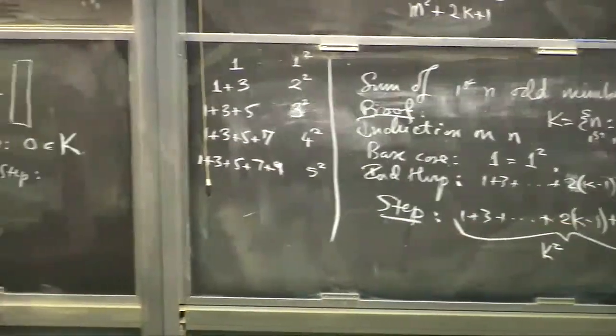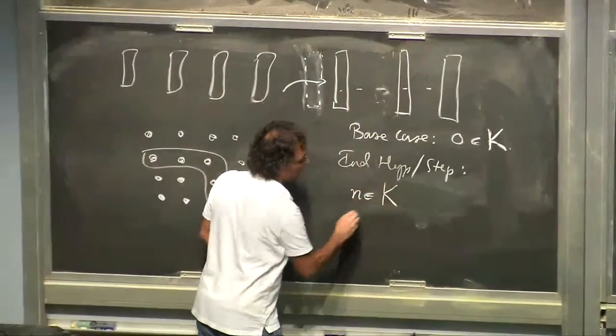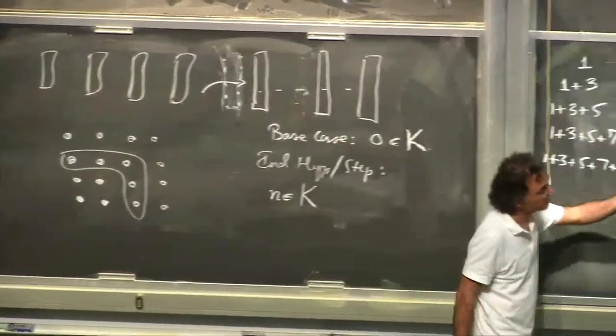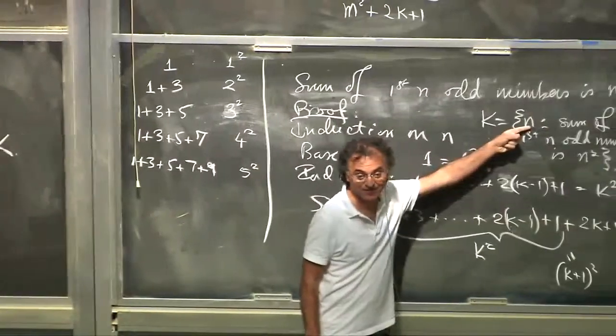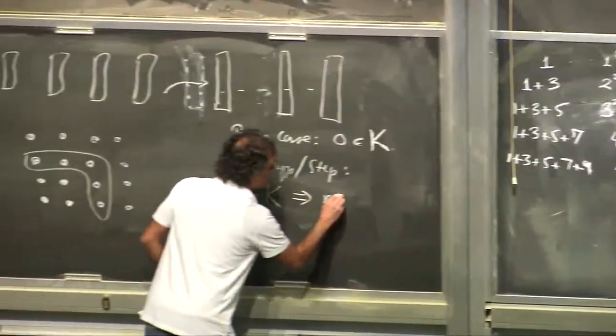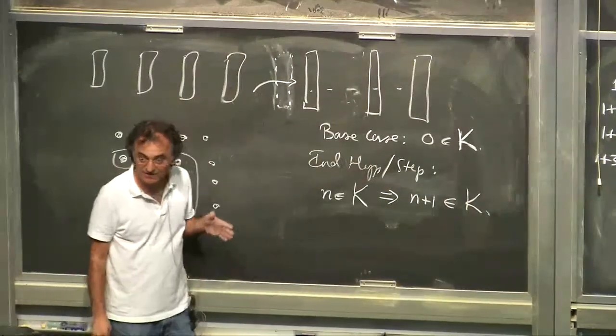So what it's saying is if n belongs to this set K, meaning if the statement holds for a certain value of n, then n plus 1 also belongs to K. Right? That's the induction step.